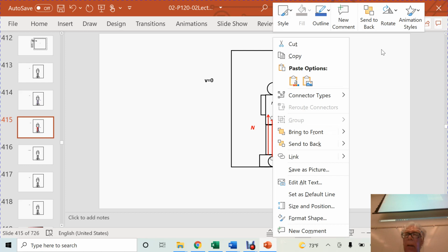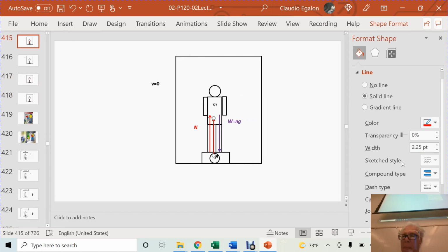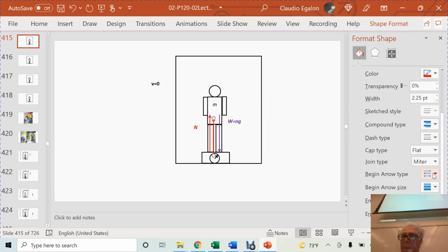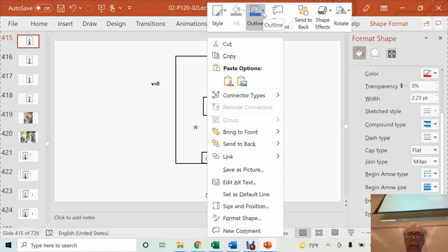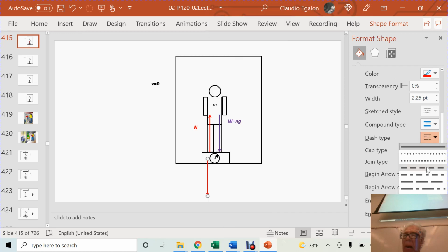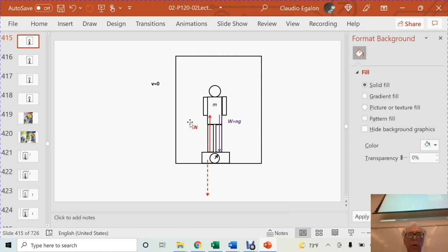I'm going to put it right in here, and I'm going to put a dash too. So you understand that this is a force that is being applied to the scale, and our system is not the scale, but just this individual here.